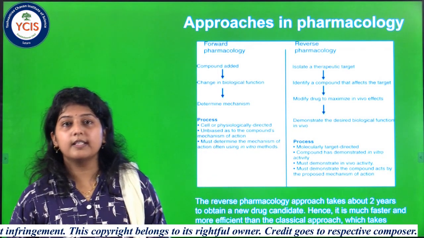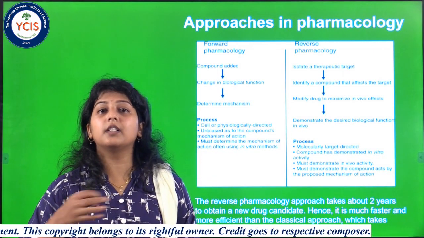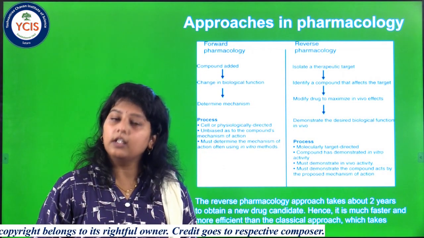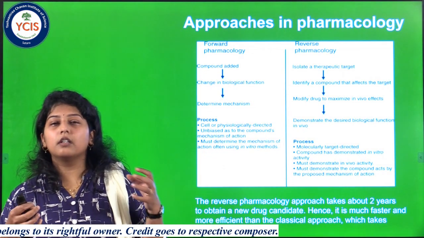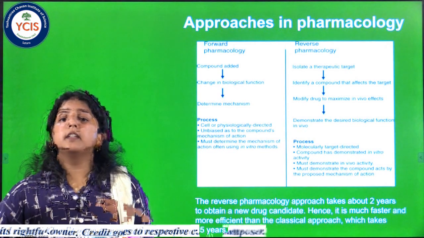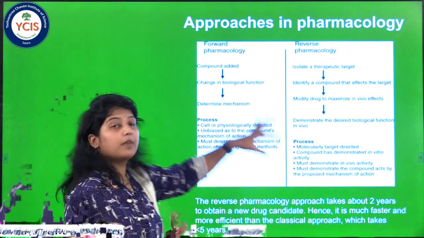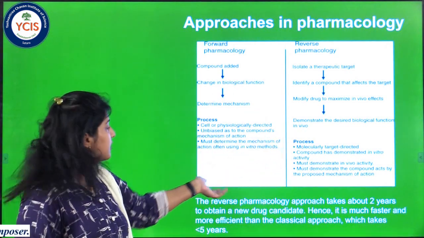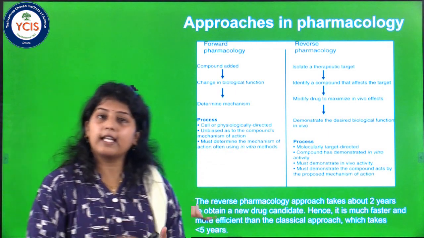Then once you find the disease spot, you find the cure in that disease. In reverse, it takes just 2 years because the receptor and the mechanism are already known, so you just have to find the drug for the receptor.